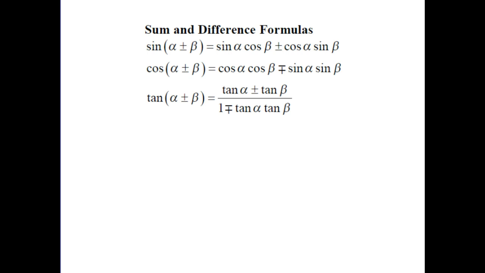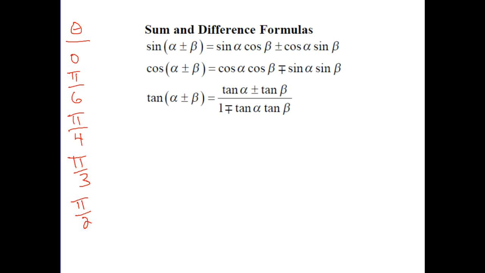One thing we also need to remember are our 5 special angles, and those angles in radians are 0, pi over 6, pi over 4, pi over 3, pi over 2.